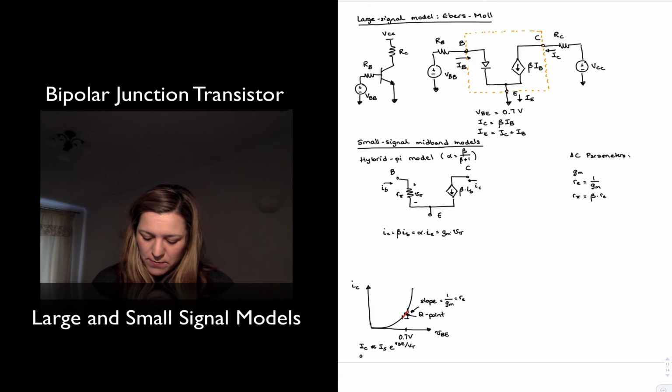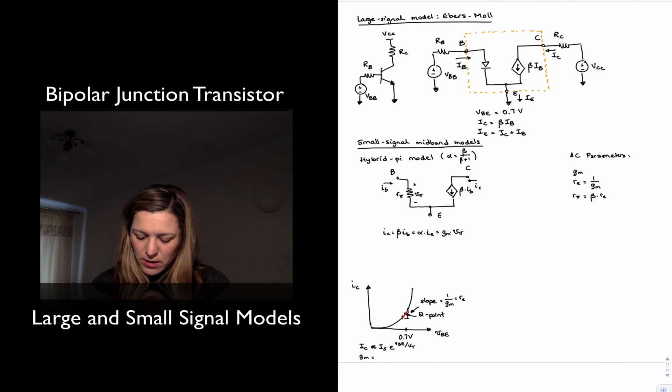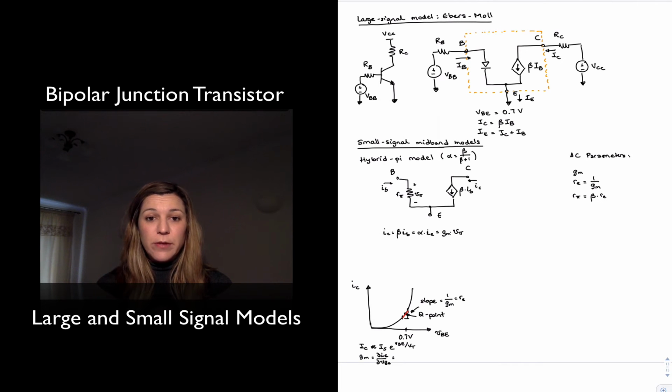And so our GM, if we look at the picture, is going to be the small delta, if you will, delta IC over delta VBE. And so if we take the derivative of this expression with respect to VBE, what we will get is 1 over VT times the same function. That's the derivative of an exponential function.